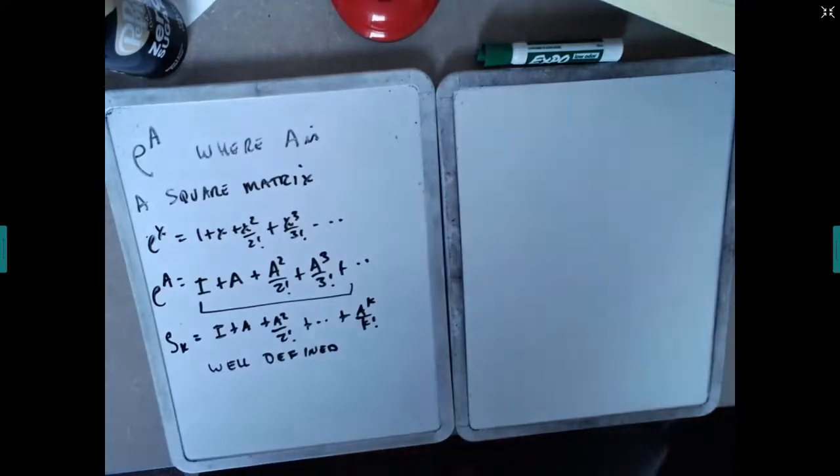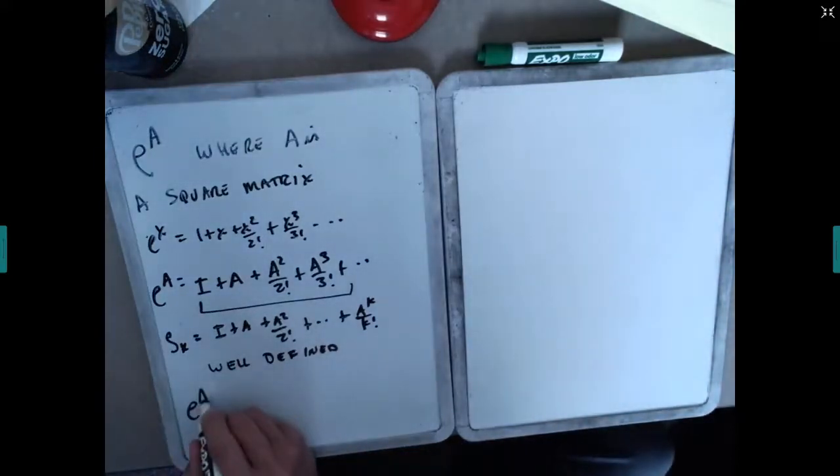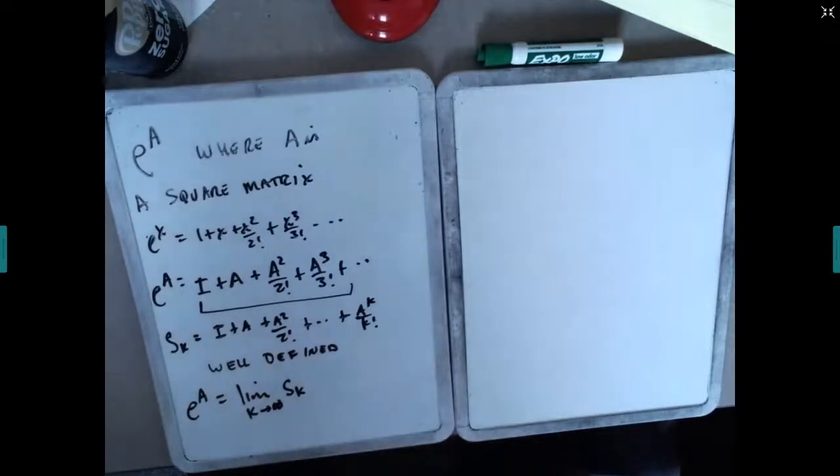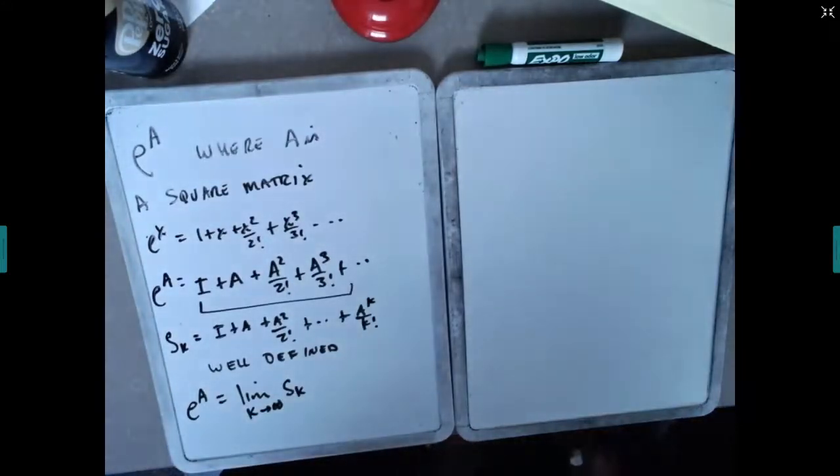And we'd like to be able to say e to the A would be the limit as k goes to infinity of S_k, the usual definition for the limit of a series.